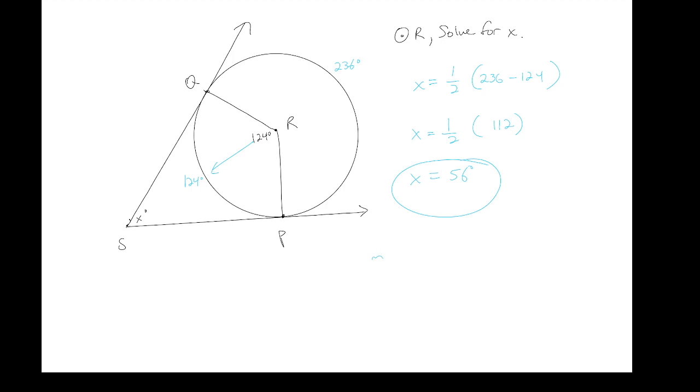Moreover, the textbook details how to find this, which is that angle S is going to be equal to 180 minus the measure of the central angle. I think that theorem is fine, right?